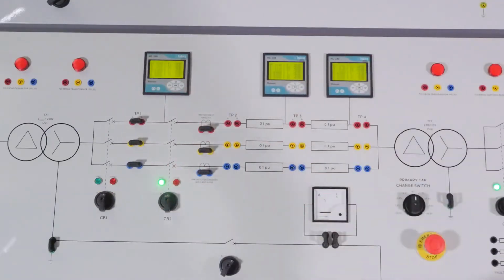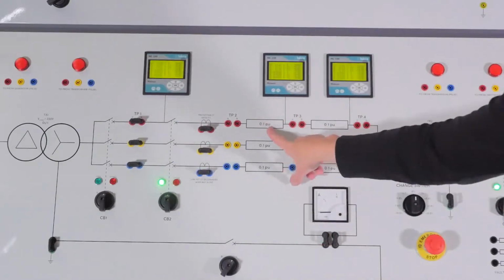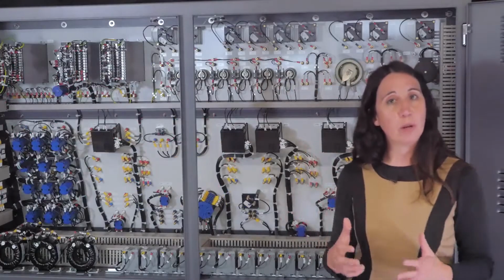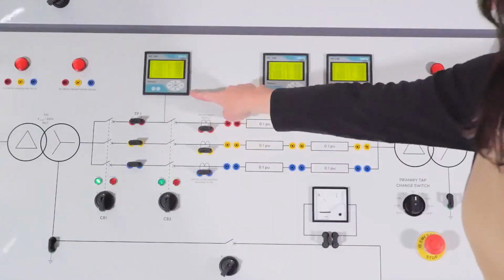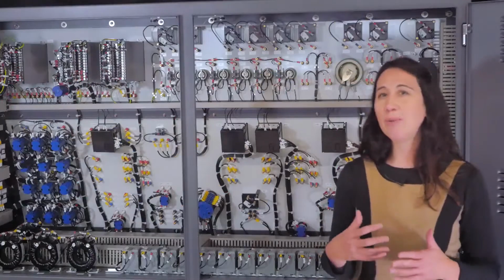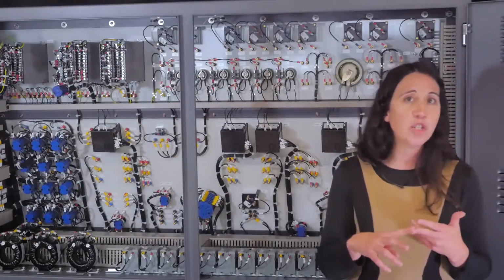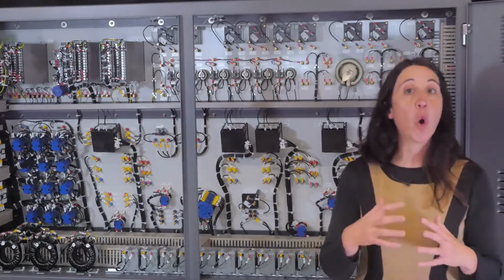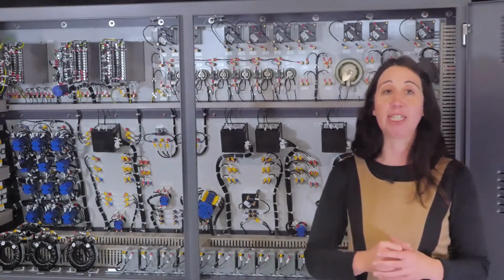The feeders are represented using the per unit system, a way of building a simulator so that it behaves the same as real-world systems. The three-phase line has multifunction measurement centers that measure up to 32 electrical quantities, including voltage, current, and the 3 powers, real, reactive and apparent, all on 3 phases.